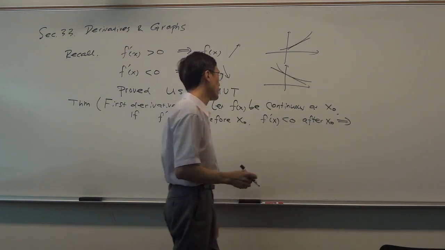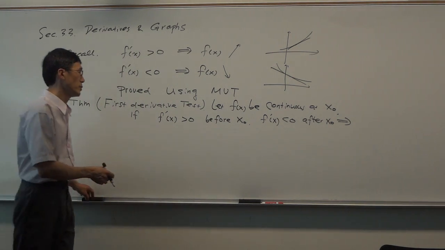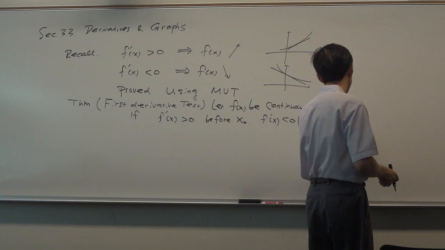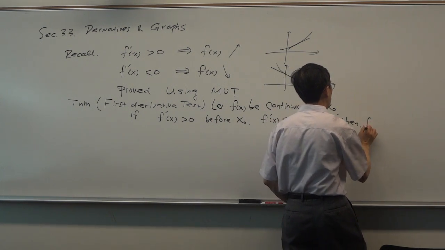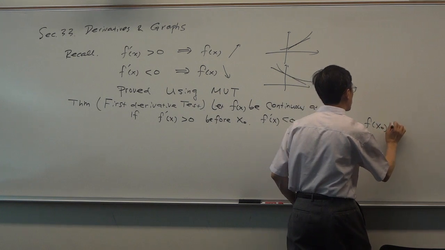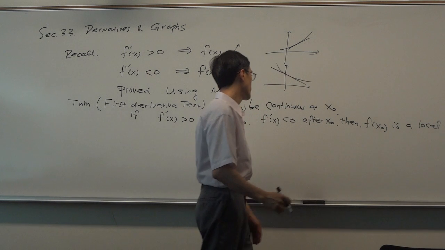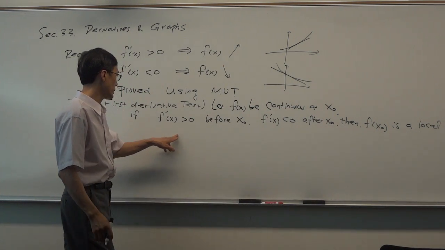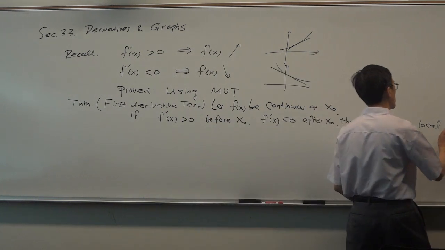Now what picture do you have? Then f(x0) should be what? You can certainly tell it will be increasing and then decreasing. It's continuous at this point. So this is a local maximum.